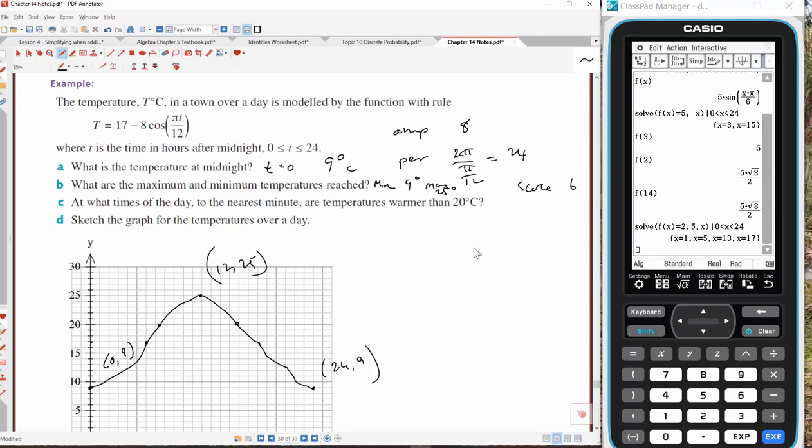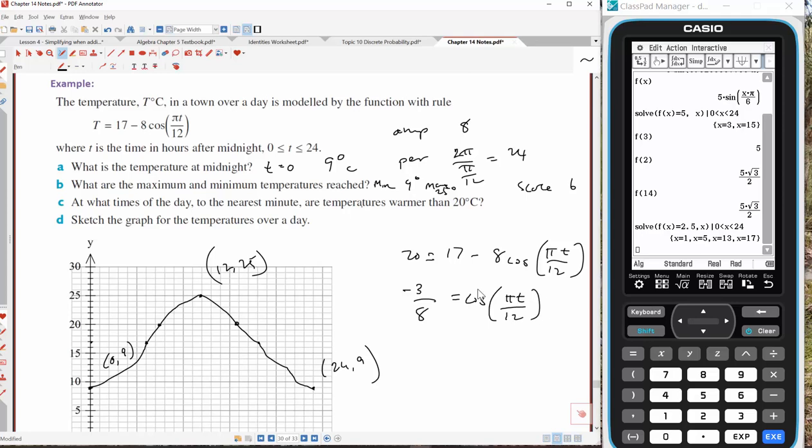To do this one, I will let T equal 20, so 20 equals 17 take away 8 cosine pi t on 12. 20 take away 17 is 3, so that's going to be negative 3 over 8 equals cosine pi t on 12.